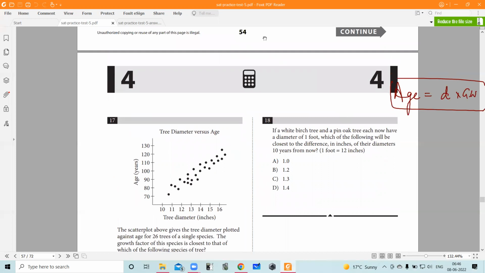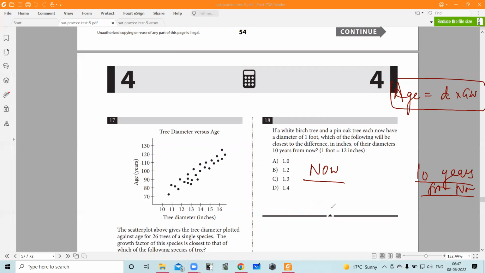So there are two conditions. One condition is now, and then 10 years from now. So now the condition is that they both have 1 foot as the diameter, correct?